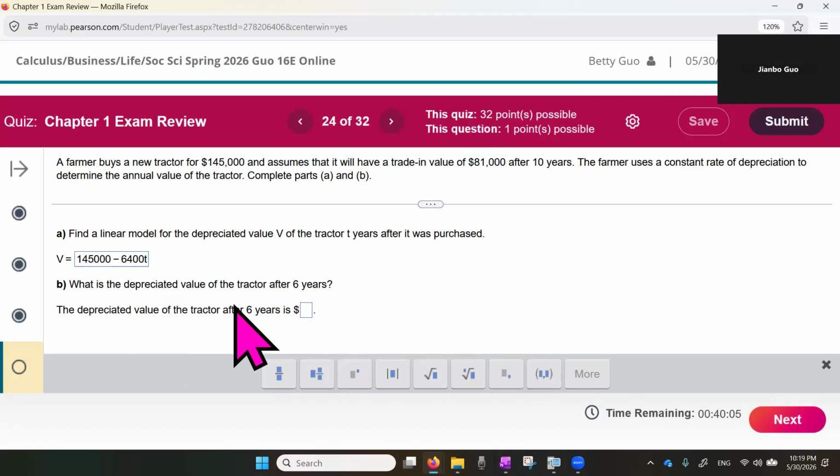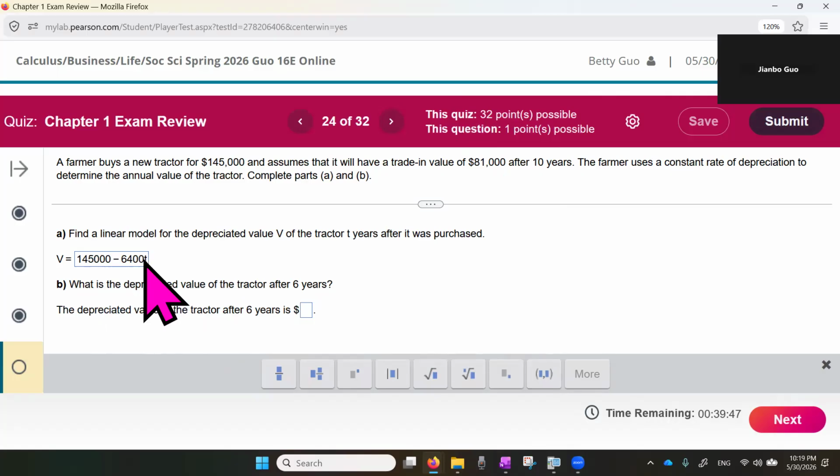What is the depreciated value of the tractor after 6 years? So part B is to use the result from part A. Use the model to find the remaining value after 6 years. So plug in T equals 6 here.